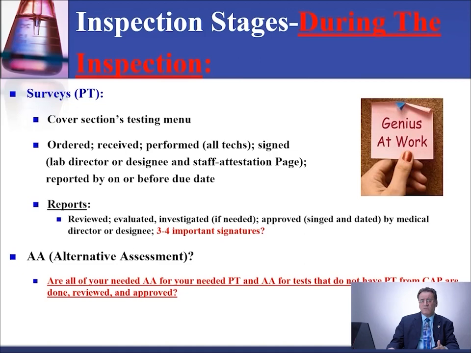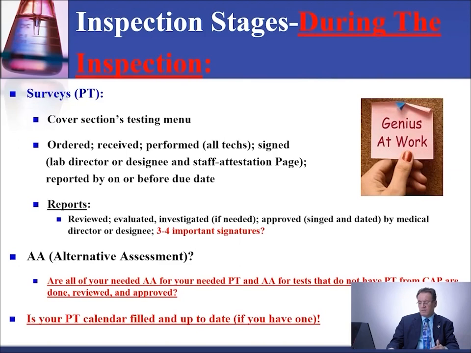They want to see a list of the alternative assessment, and they want to see that you did them. So are all of your needed alternative assessment for tests that do not have BT form done, okay, reviewed and approved.